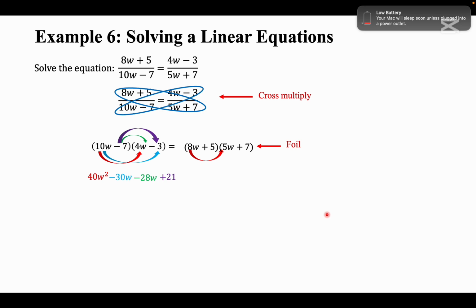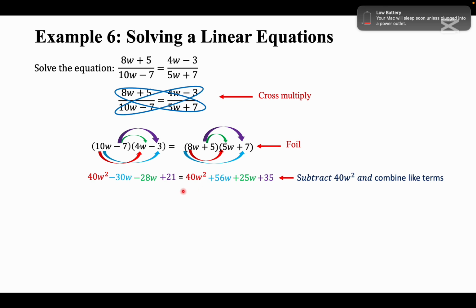Well, we can do the same thing on this side. 8w times 5w, that would be 40w squared. And then the outside, the insides, 5 times 5w. And then the last terms would be 5 times 7, which is 35. Next step would be to subtract that 40w squared.